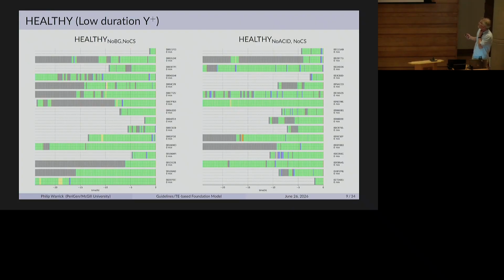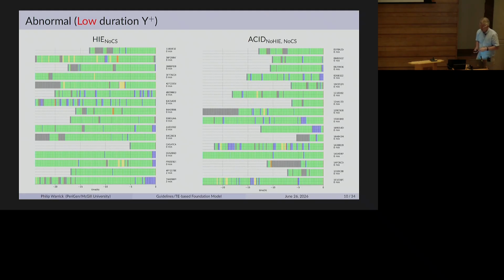On the other side of the spectrum, the healthies look healthy, they look green. Both the healthies that had no blood gas and the healthies that had no acidosis with the blood gas. So all that looks fine, except when you go to the other side, the abnormals can also have almost no sign of severity at all.